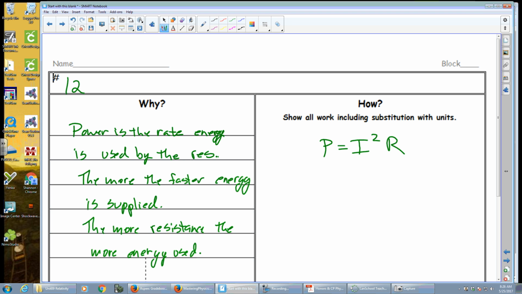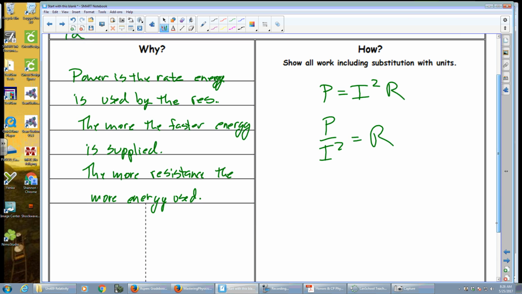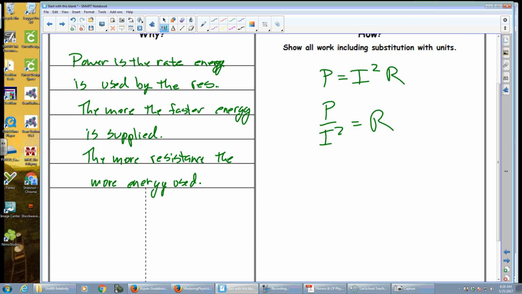Using that famous I squared R from yesterday. And then algebra again. Darn that math. And you substitute in. Alright? If you're given the power, you're given the current, you're asked to find R. Substitute away.